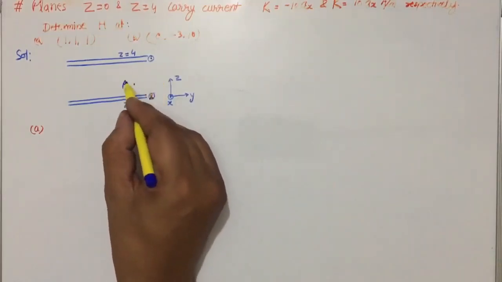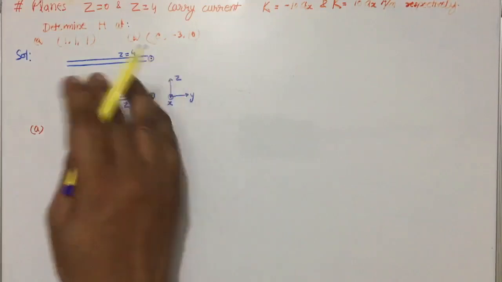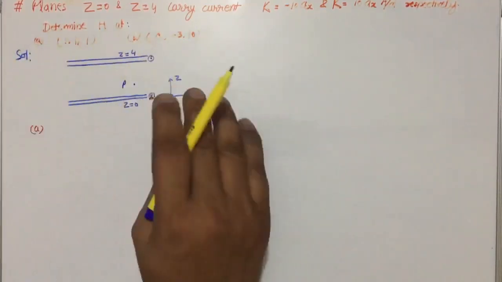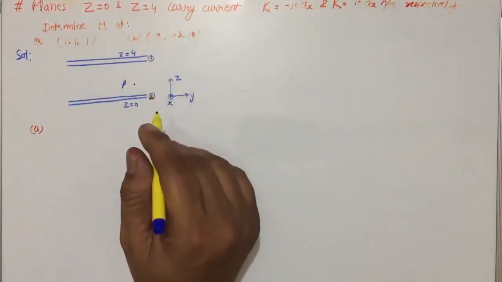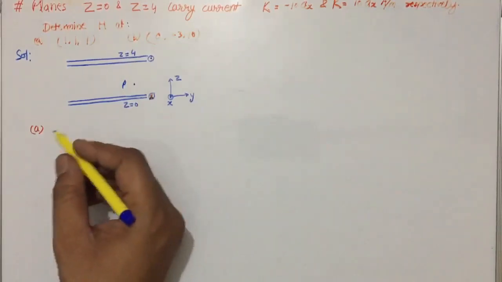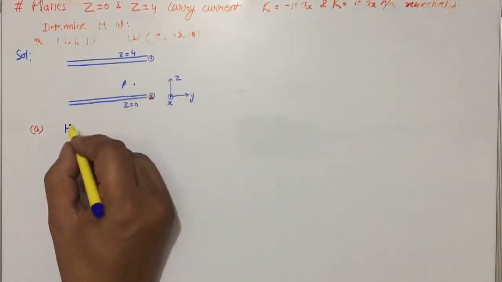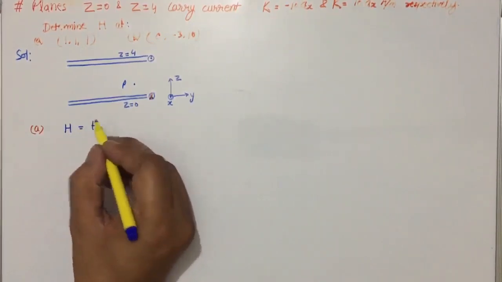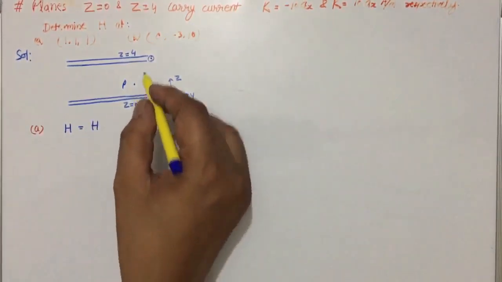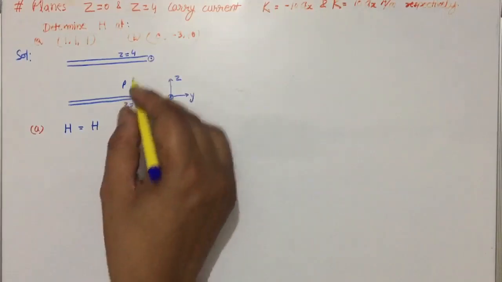So if P lies inside the two sheets carrying current in opposite direction, then we can have the magnetic field intensity at this point that will be equal to the intensity due to this and intensity due to another one.